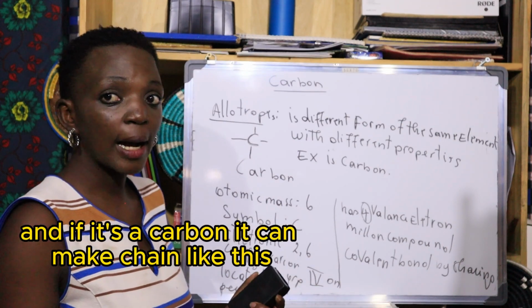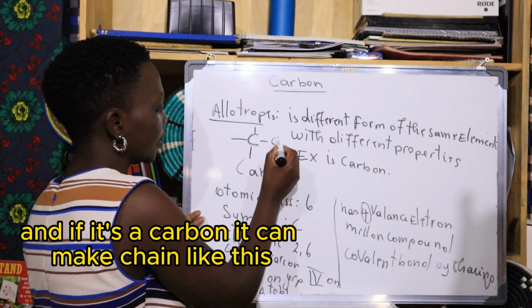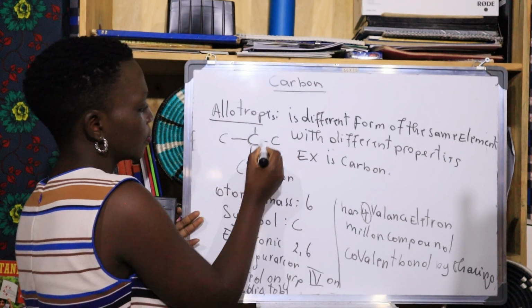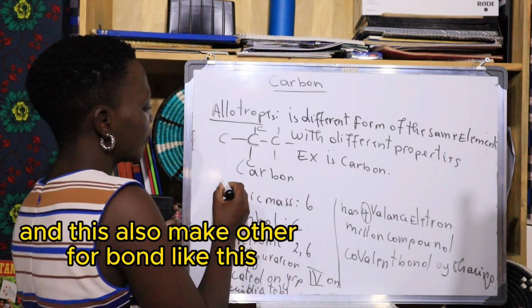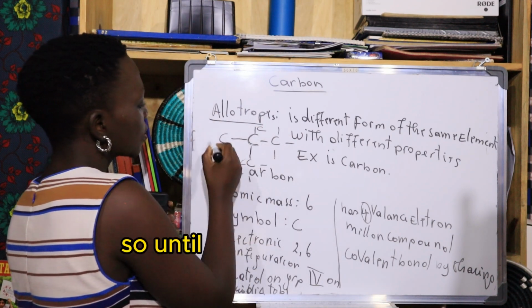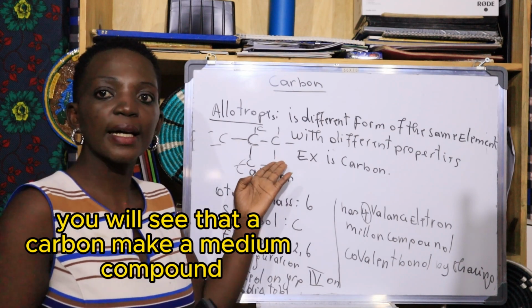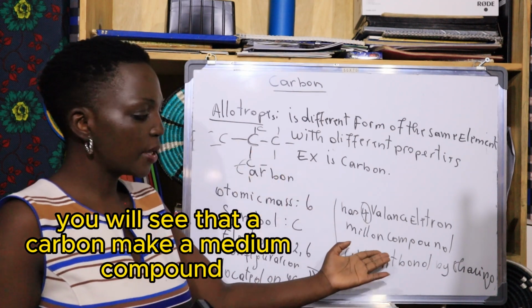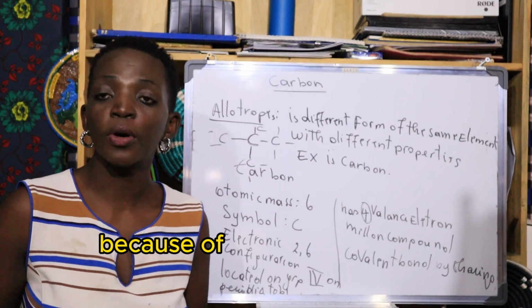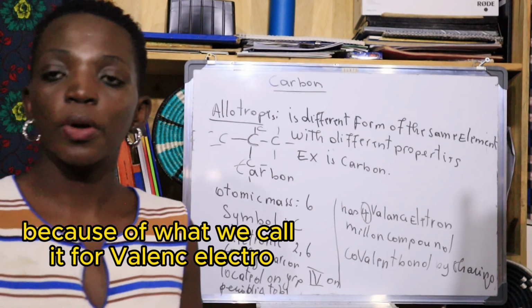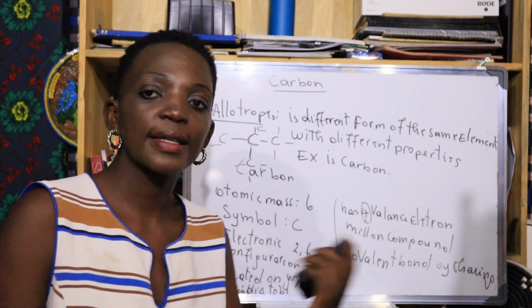And if it's carbon, it can make a chain like this, and each also makes other 4 bonds like this. So you will see that carbon makes millions of compounds because of what we call 4 valence electrons.